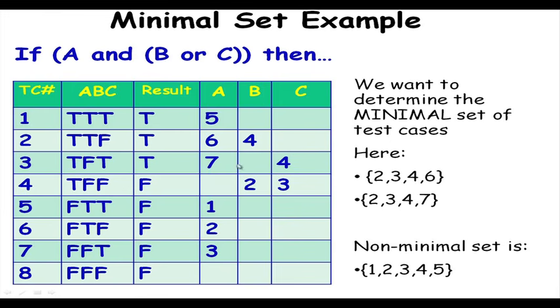Now, if we find out which are the test cases that achieve the MCDC coverage, it is 2, 3, 4, 6 or 2, 3, 4, 7 or 1, 2, 3, 4, 5, and therefore, if we want to choose the minimal set, we can choose either of these two.